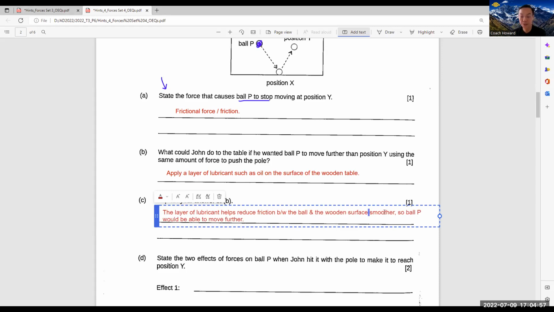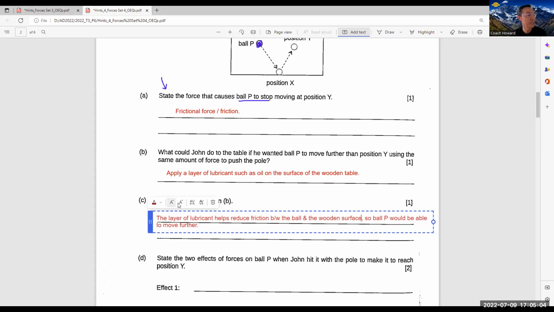Reduce the friction, so ball P will be able to move further. Okay, so this is the answer for this one.